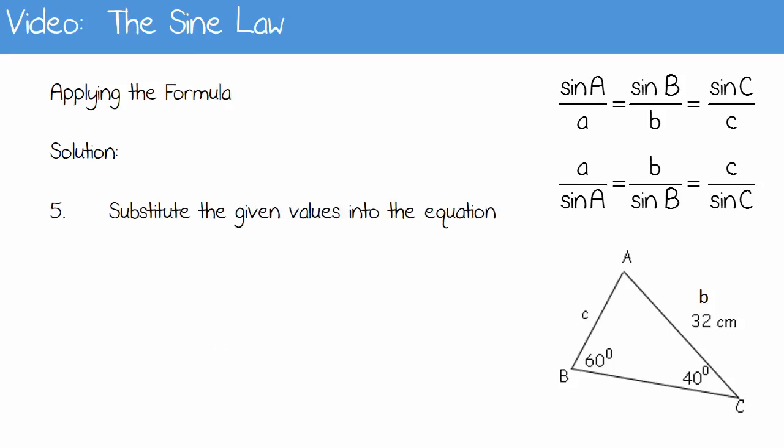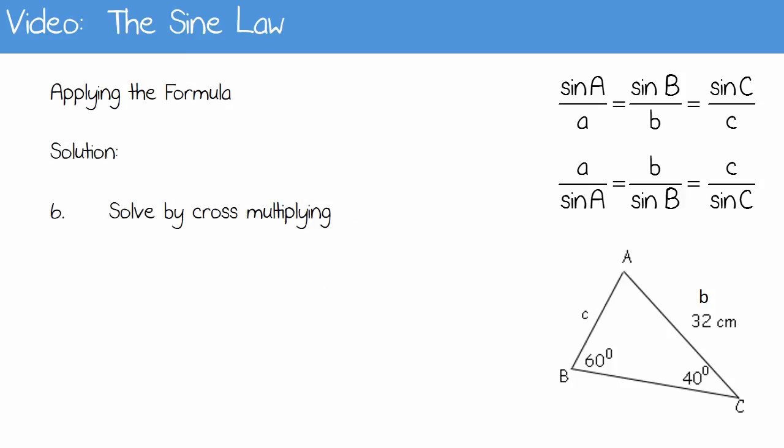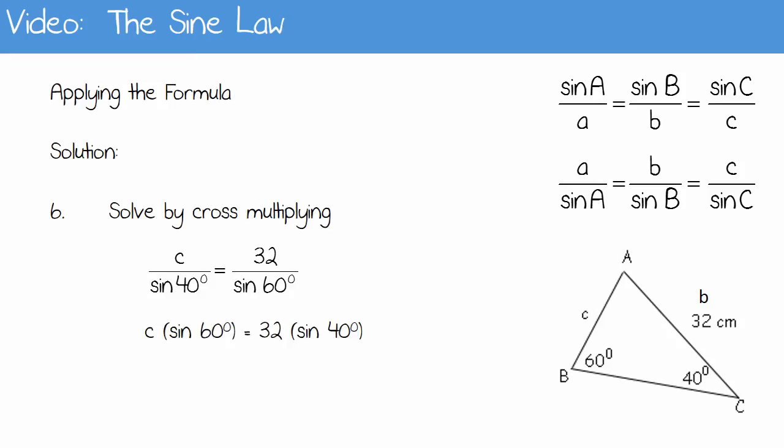Substitute the given values into the equation: c over sine 40 degrees equals 32 divided by sine 60 degrees. And now, solve by cross multiplying. c times sine of 60 degrees equals 32 times the sine of 40 degrees.